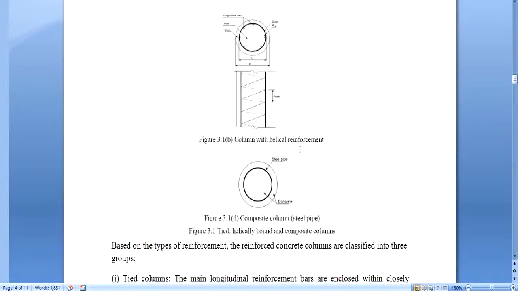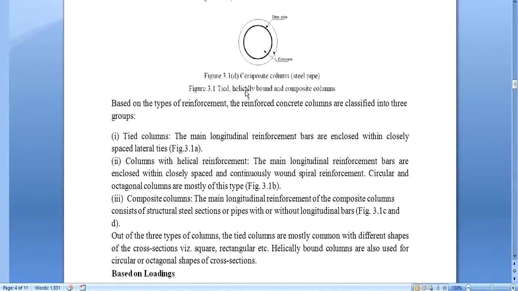So column with helical reinforcement is another type in which the column is tied by the helical shaped ties. You can see these are the longitudinal reinforcements. Small dots which were shown are longitudinal reinforcement. So these are tied with helical shaped reinforcements. Okay.